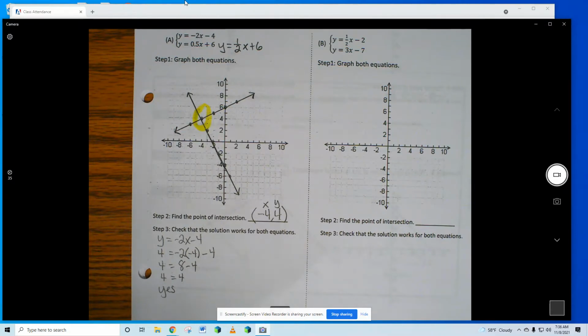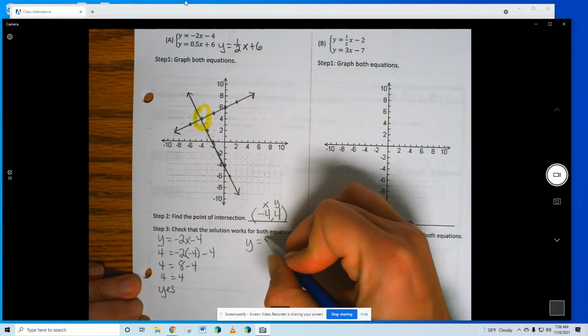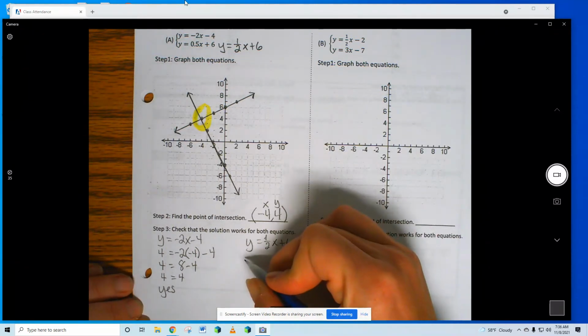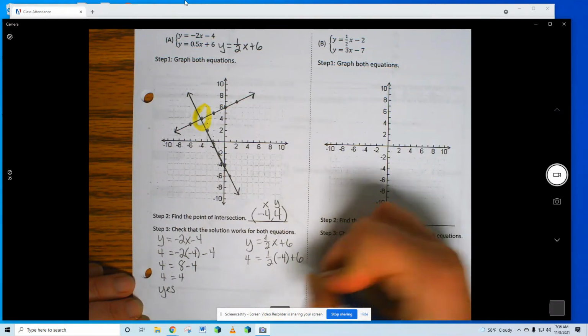This is one of those things that we teach you, and this is a way for you to make sure that you're getting the problem correct. Now I'm going to plug it in for the other equation. I'll just put 1/2. I think y is 4. 1/2 of negative 4. Instead of the x, put a parentheses and a negative 4.